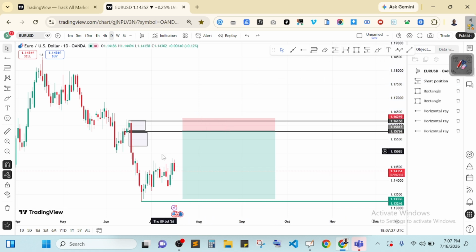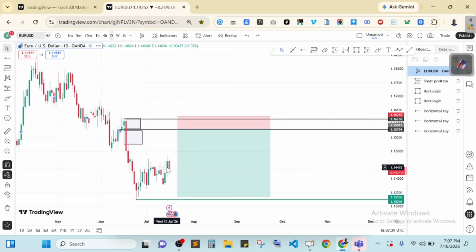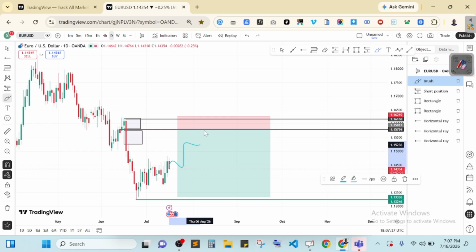The price comes here, forms liquidity sweep, enters again, gives me B and C. I'll be very happy if I spot liquidity sweep at this region. So sometimes you may not see liquidity sweep here, you may see it at lower time frame, and sometimes it can appear. Do you get?